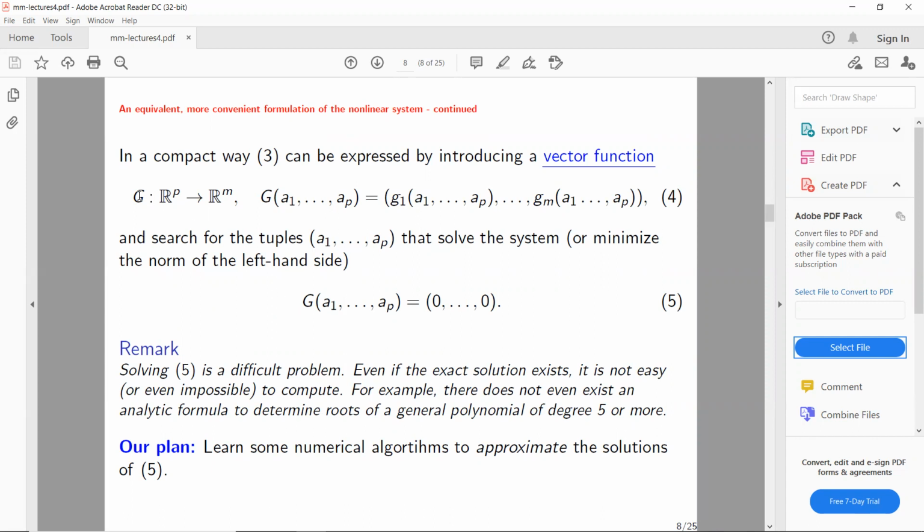So we have capital G. It maps from p-tuples into m-tuples. Since it maps from p-tuples, it's called a function of a vector variable. And since it maps into m-tuples, it's called a vector function. And we're searching for its zeros.